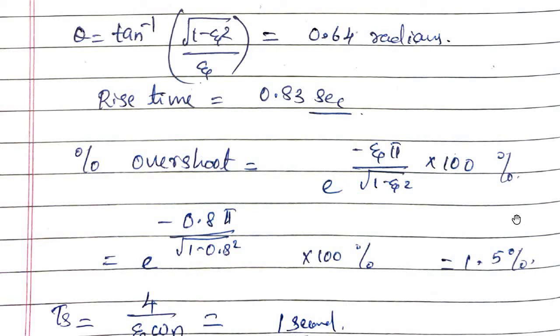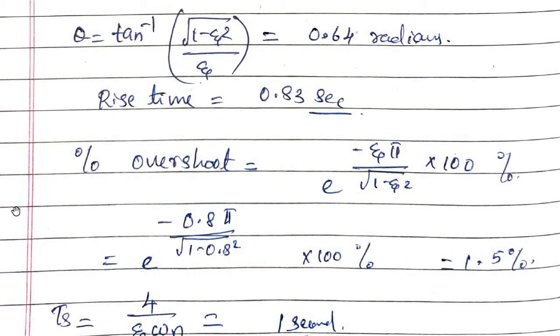So, we have got the values for all the parameters asked in the question. If a question like this is given, first you have to write the overall transfer function or closed loop transfer function of the given system.